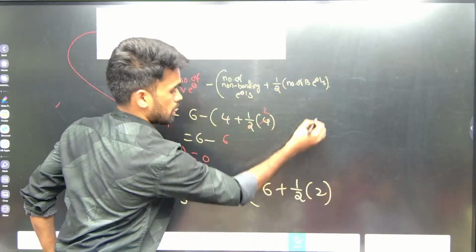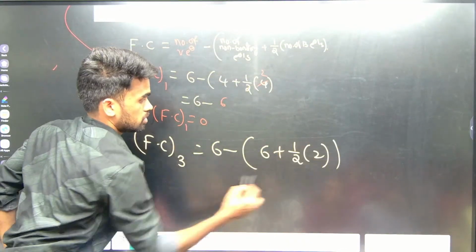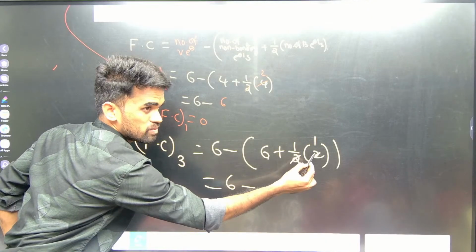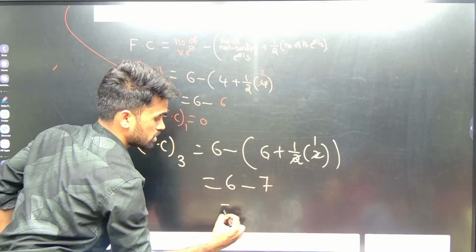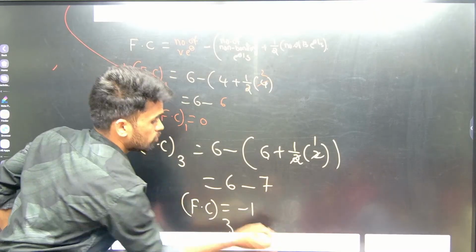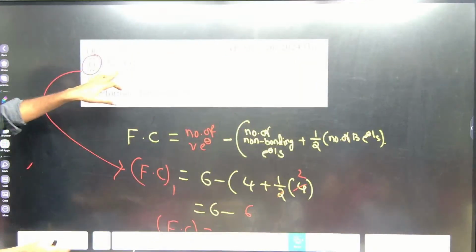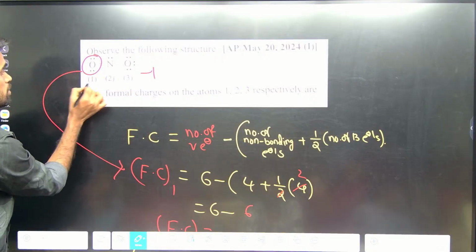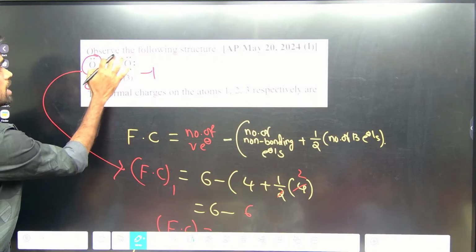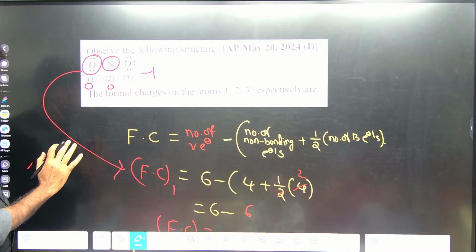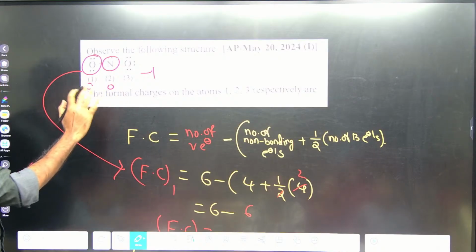How much? 6 minus 6 plus 1. So on the terminal oxygen, what is the charge you should include here? Minus 1. So this will be minus 1, this will be 0, no charge inclusion, and on the middle one just try it, you will get 0. If you solve it, you will get 0.